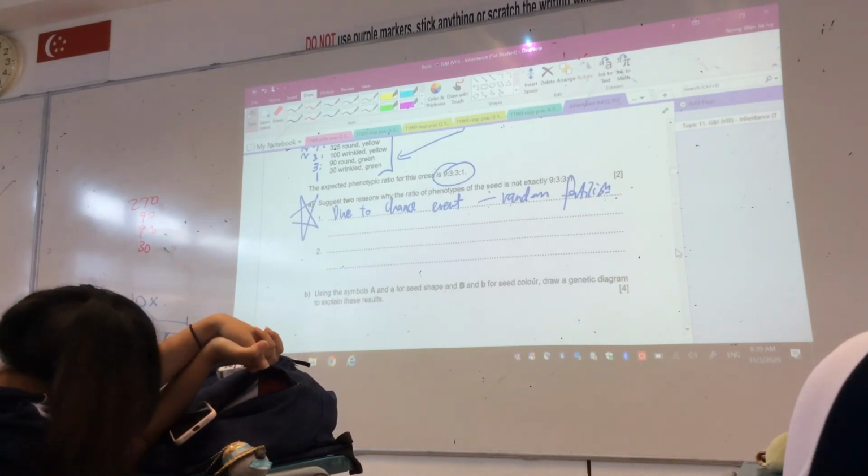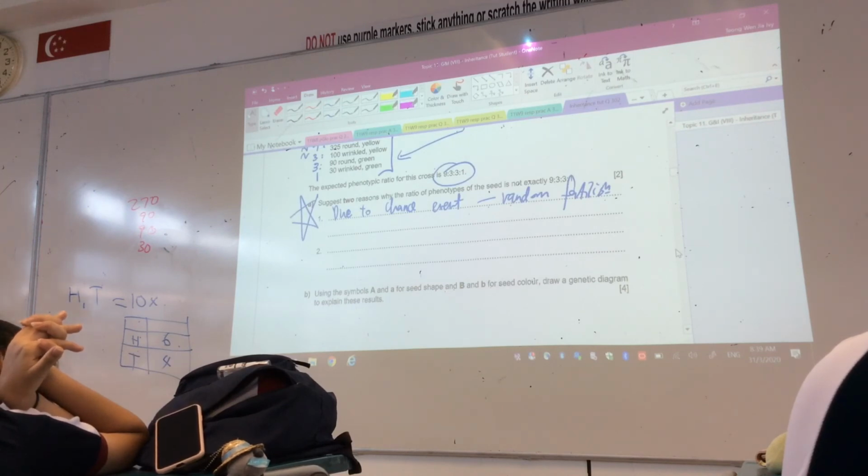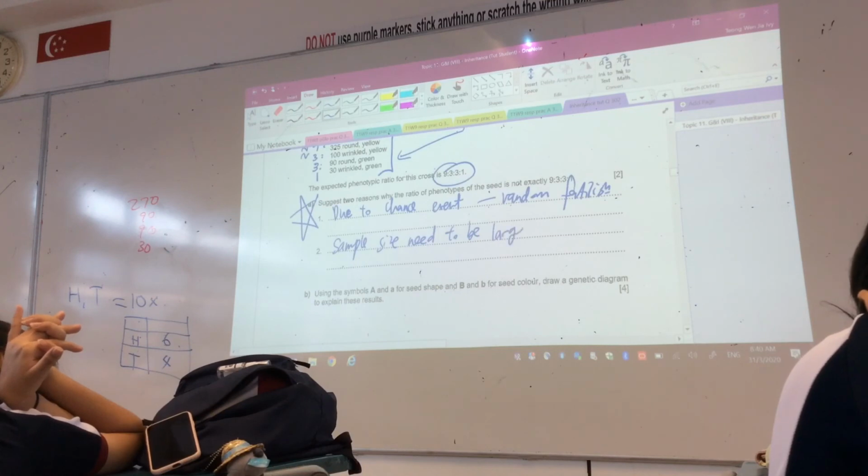Yes, you have to increase sample size. Okay, that's why when scientists do research, they have to have a large population to be more valid. So you can also talk about sample size. So you can say sample size needs to be larger to get closer to the expected ratio.